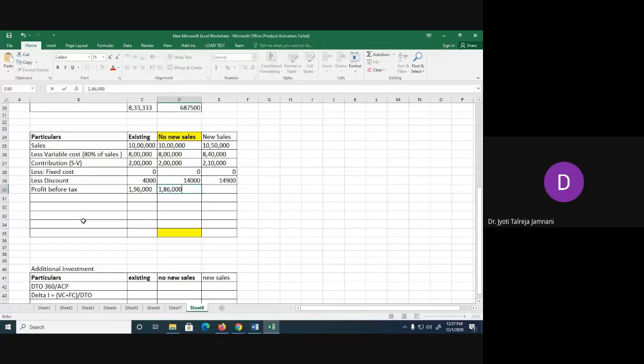And 2 lakh 10,000 minus 14,900, 1 lakh 95,100.